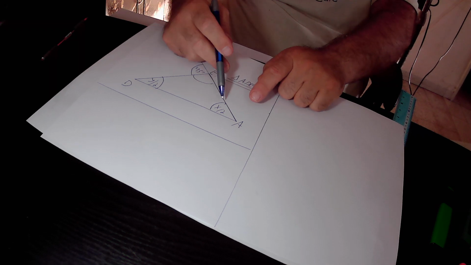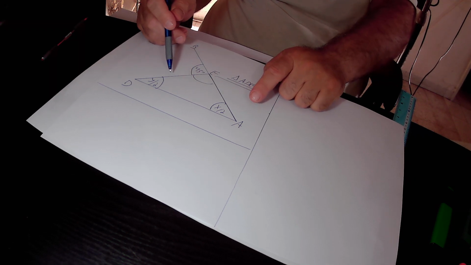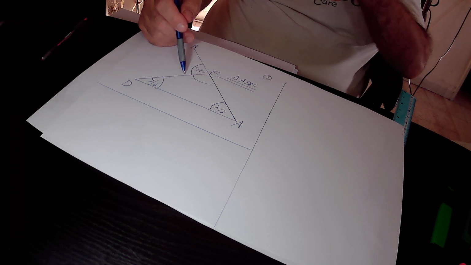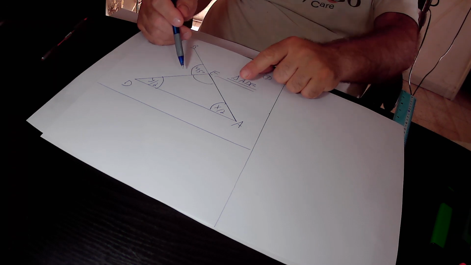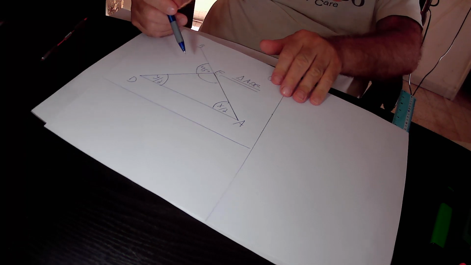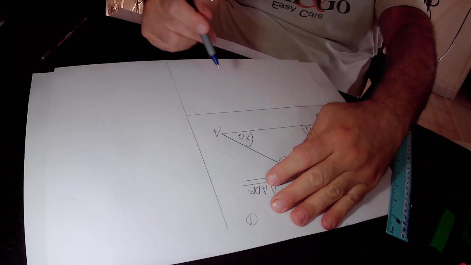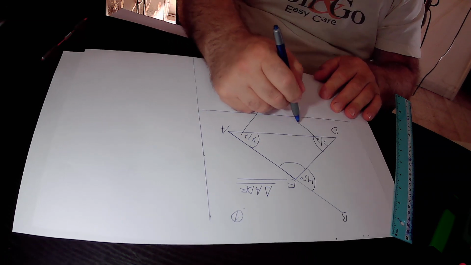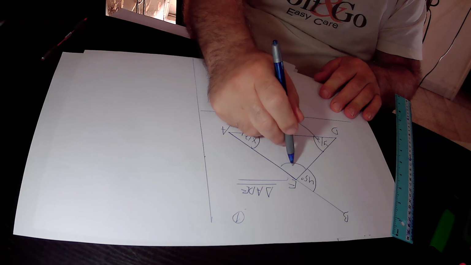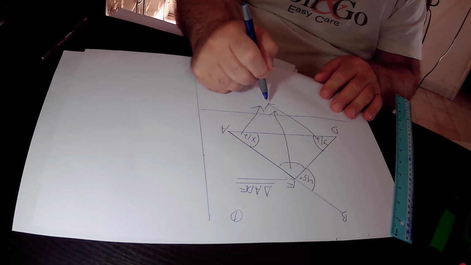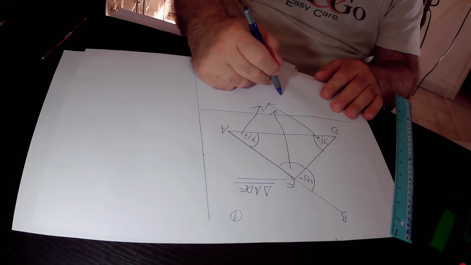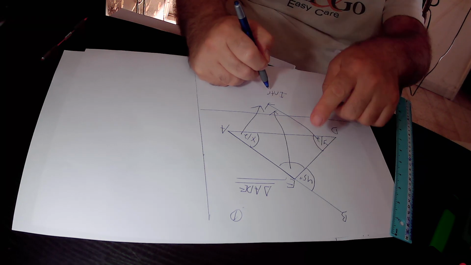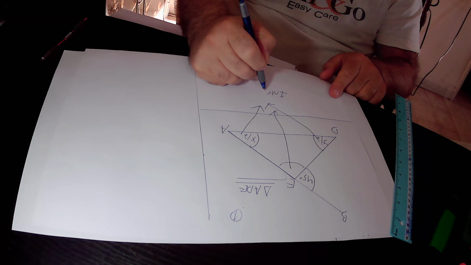So all those three angles are located inside this triangle AED, and therefore they are defined as the interior angles of this triangle AED. So I write it down.